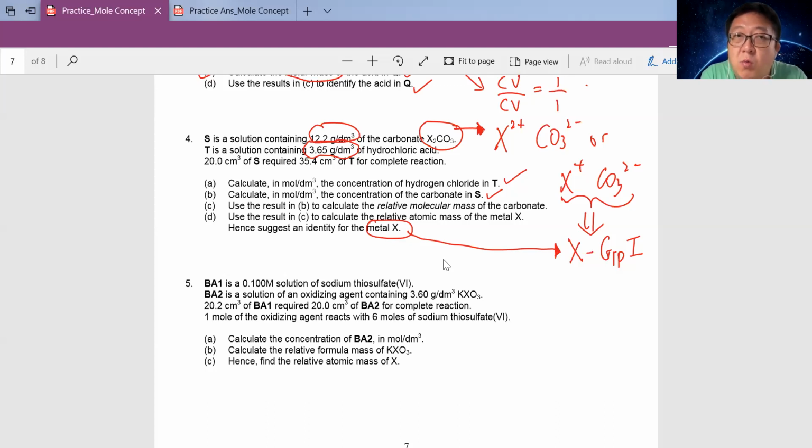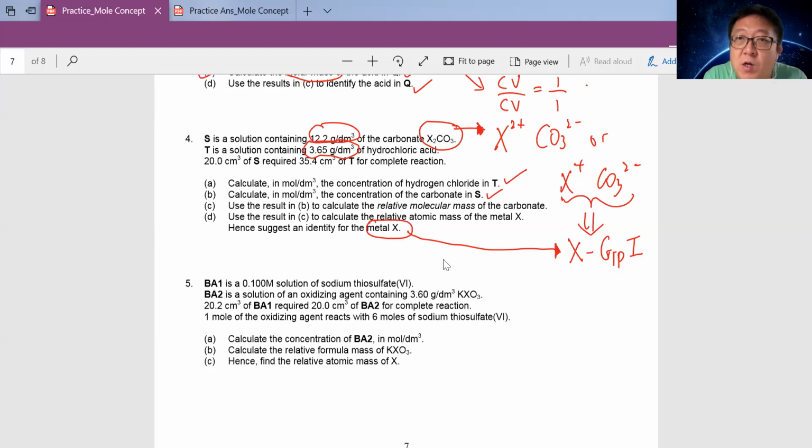Something is wrong with my calculation. That is how we check a question. Logical, right? Unless your teacher anyhow dumped the X2CO3, and then at the end your metal is group 2. Something is wrong. Your metal must be group 1.